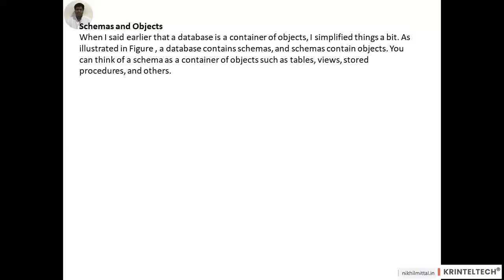So the object is the table, not the entity inside the table. A table is an object, a procedure is an object, a view is an object, but the inside things, those are called the schema definitions.